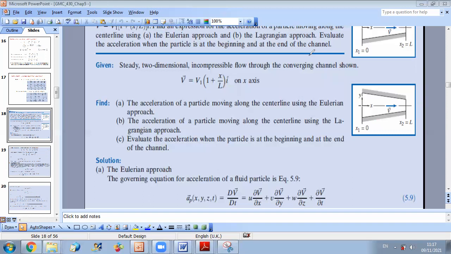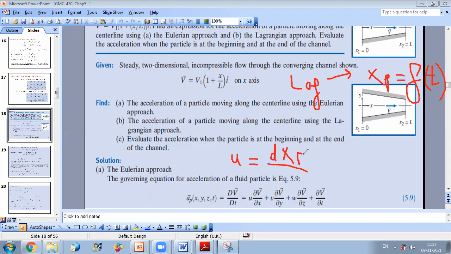Okay, let us see. So first, to use the Lagrangian approach, I need to define x of the particle as a function of time. How to do this? I should go back to the definition of the velocity. We know that by definition, u is dx by dt. u is the component of velocity along x, so it's the derivative of the position of the particle with respect to time.